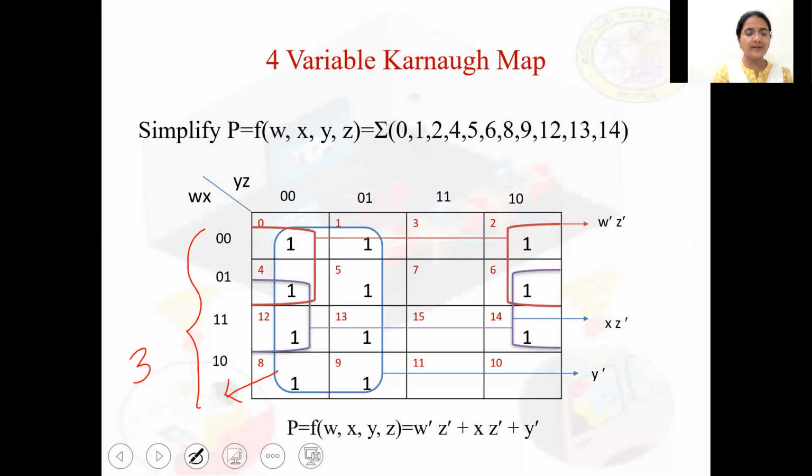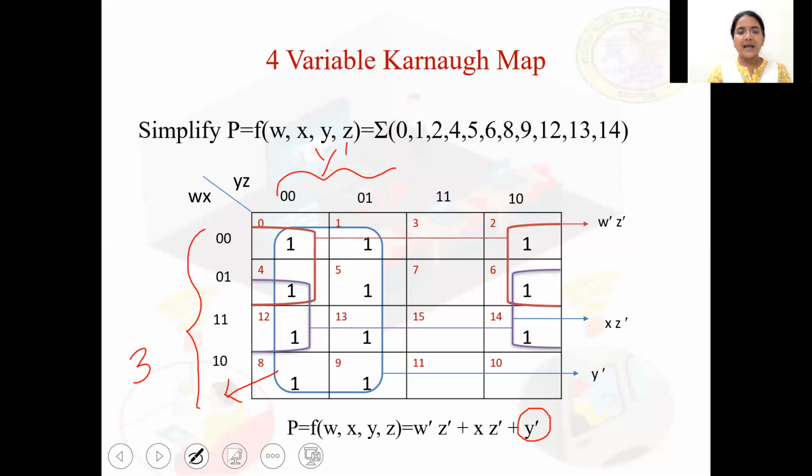Here W and X variables are changing. From these two columns, here Z is varying, we will get Y bar. Okay, this octet gives us the term Y bar. We are eliminating other variables W, X and Z.